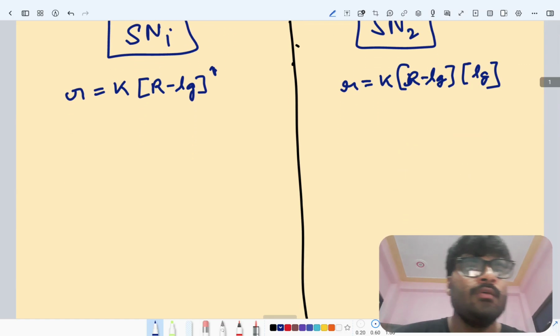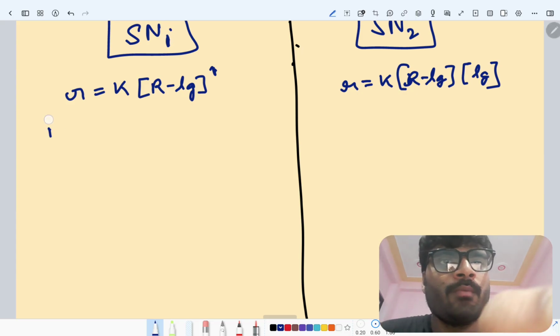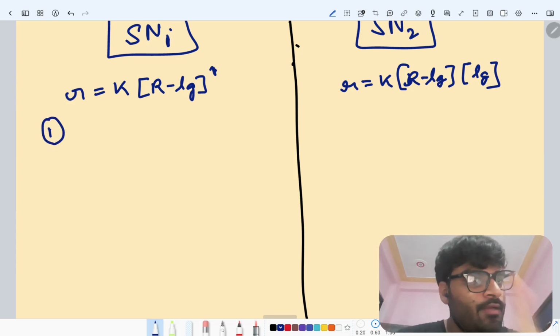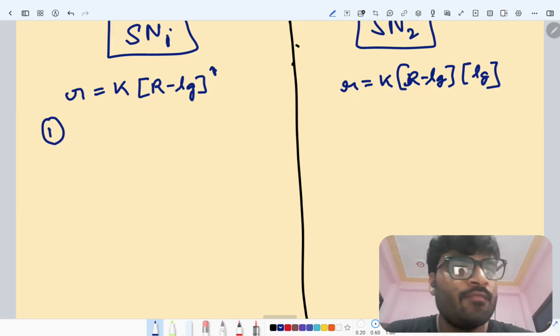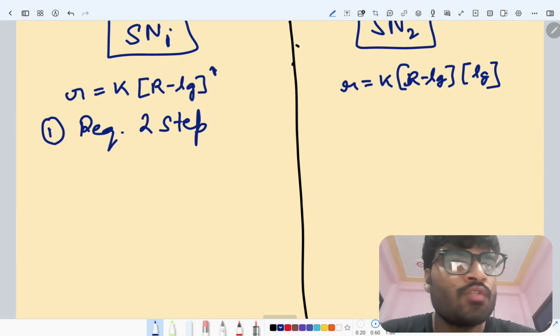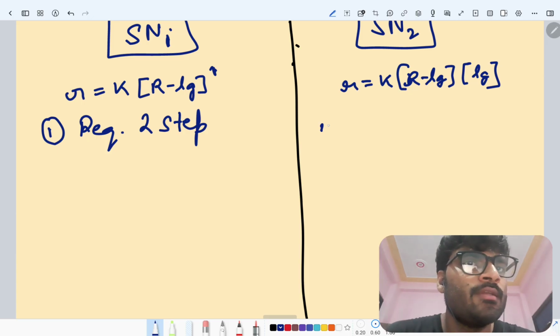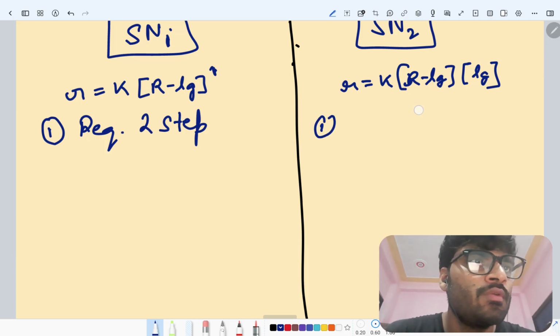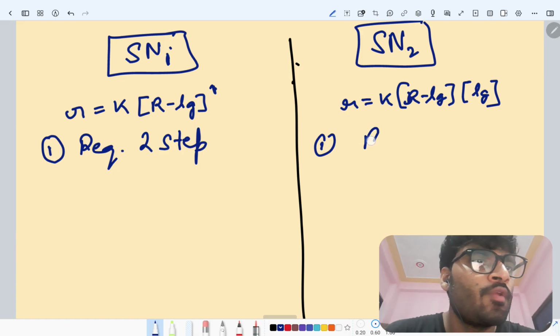The first thing you need to remember is the trick: you have to replace 1 with 2. SN1 happens in 2 steps. It's a 2-step reaction. While SN2 requires only 1 step, a single step reaction.